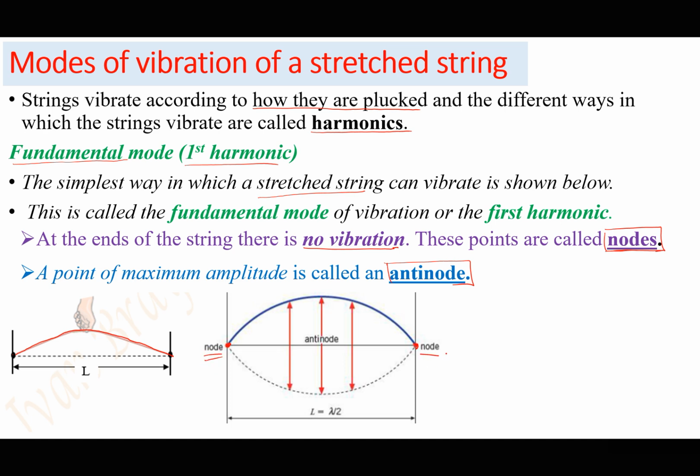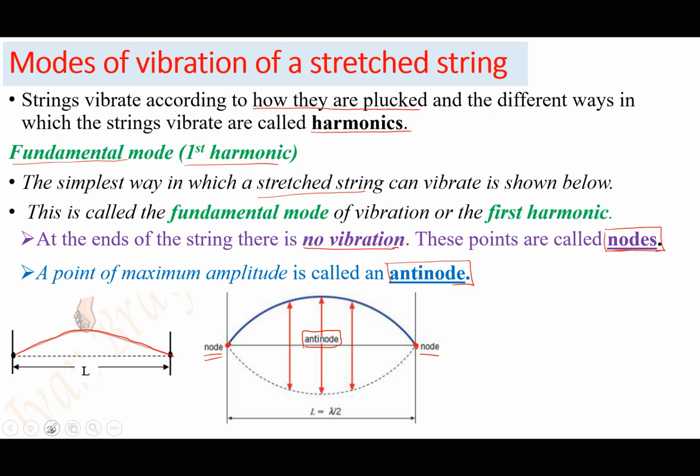So regions or points where particles are permanently at rest are going to be called nodes. Then there's a point at the center, somewhere in between the nodes, where the particles vibrate with the highest or maximum amplitude. So between the two nodes, there's a point where particles are vibrating with maximum amplitude, and this is what we call the antinode.